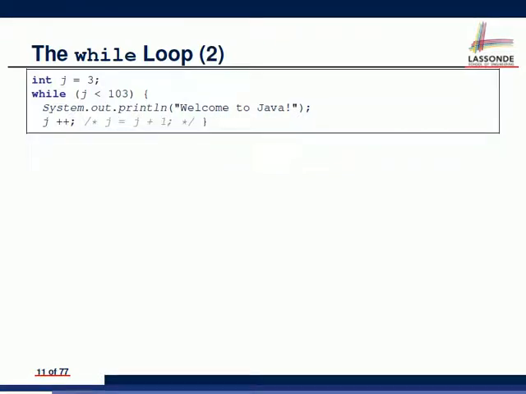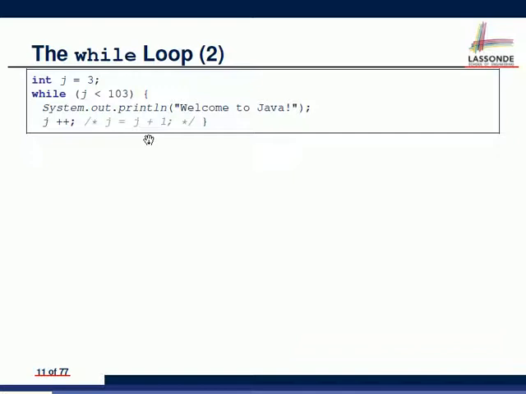Okay, so now, similar idea over here. Let's say we got J is assigned to 3, and then the state condition is J is less than 103. That means as soon as J is larger than or equal to 103, which is negation, right? Of J is less than 103. As soon as it happens, we're going to exit from the loop.